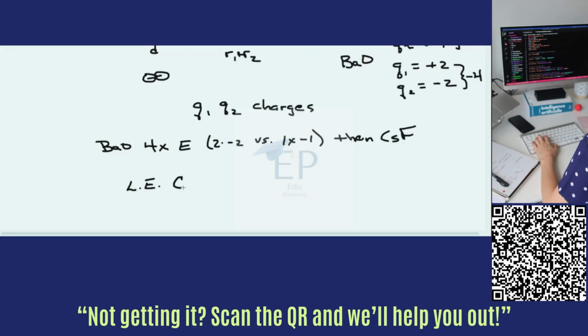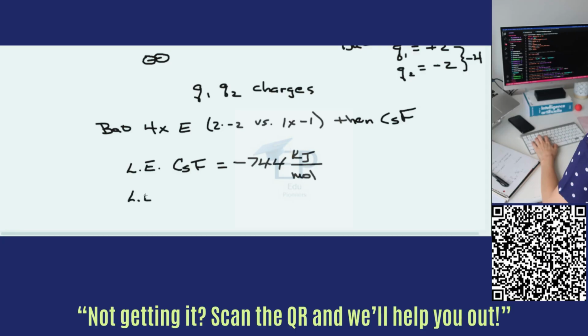The lattice energy of CsF is -744 kilojoules per mole. And the lattice energy of BaO is -3029 kilojoules per mole. We said that the BaO is going to be 4 times larger just based on charge.